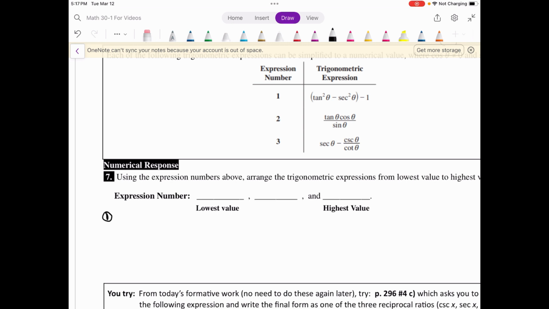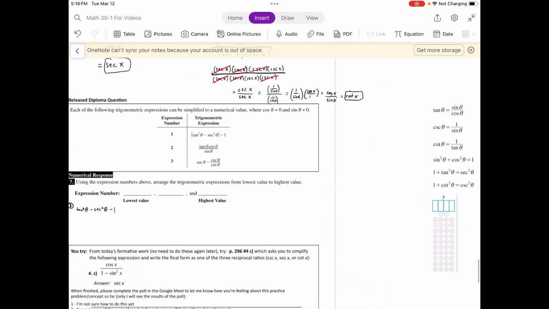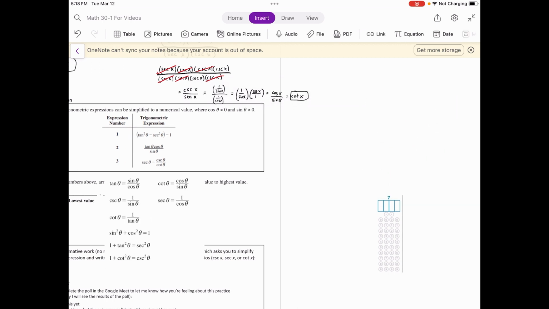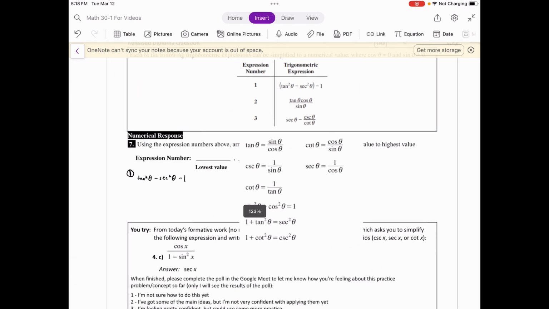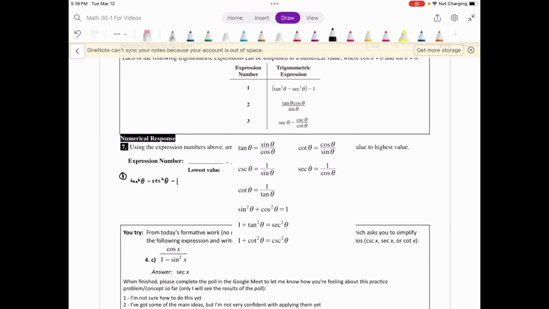Okay, we've got tan squared theta minus secant squared theta minus 1. Let's pull out our list of identities. Maybe I'll just bring this over here so it's a little bit closer. Okay, for a real formula sheet, we could just pick it up and look at it. So tan squared minus secant squared. That's definitely making me think Pythagorean, right?